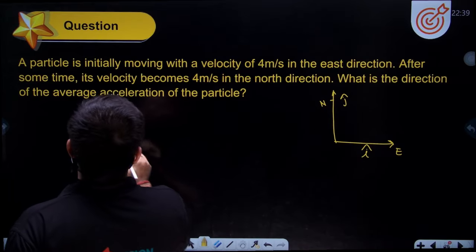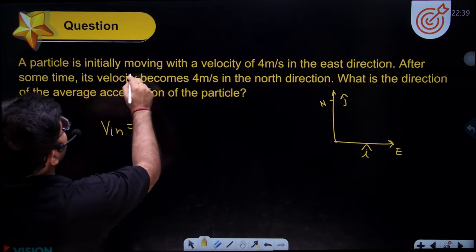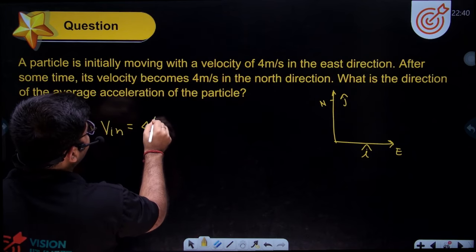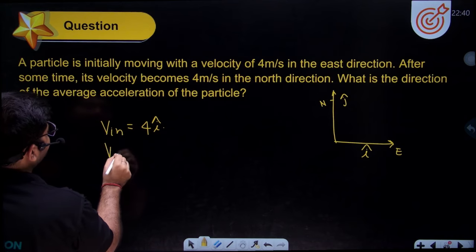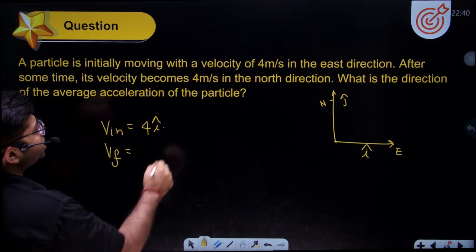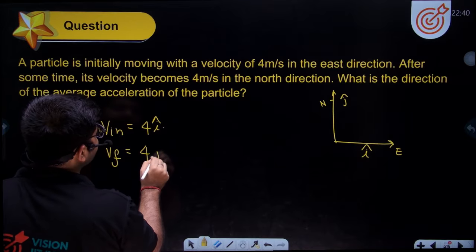So V initial was 4 i cap. And what is my V final? The velocity becomes, it is basically 4 j cap.